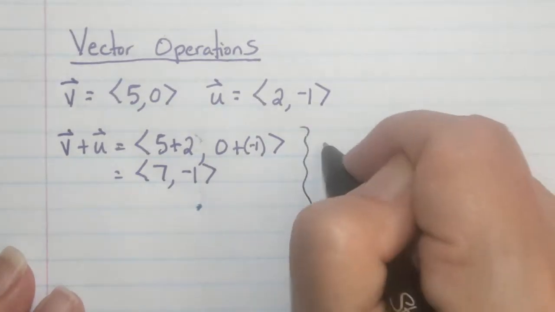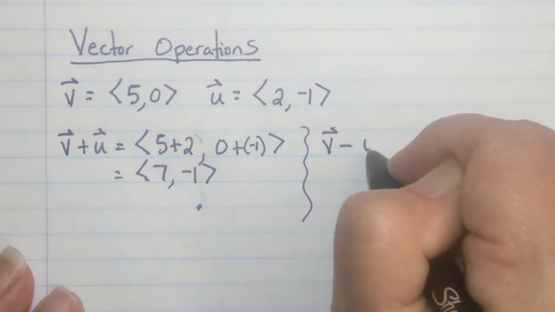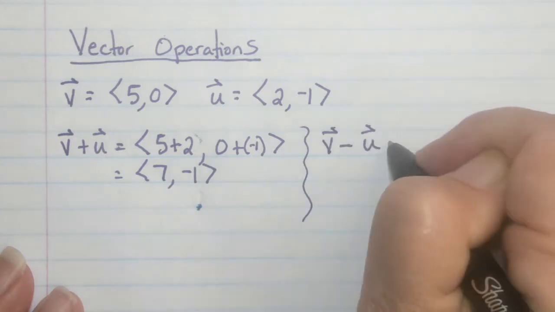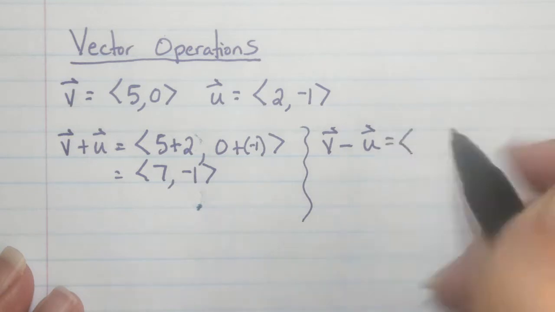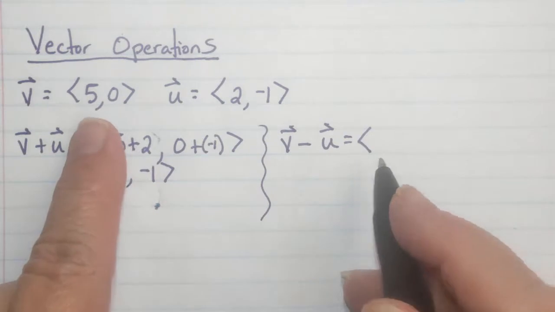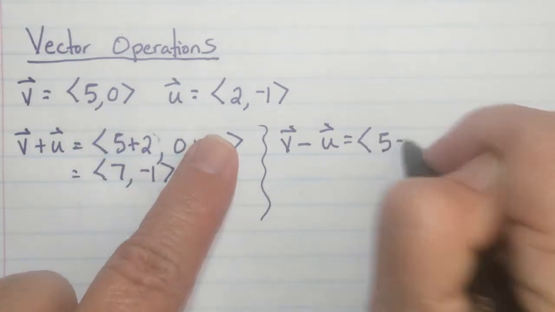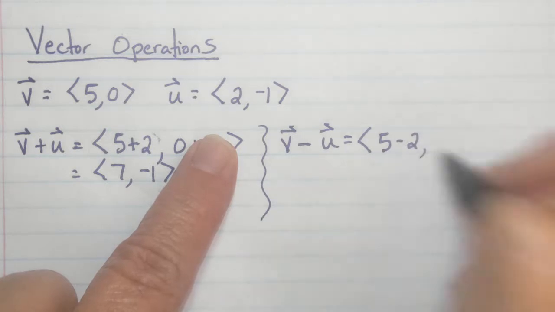Now let's say I wanted to take vector v and subtract vector u. Well, the process is the same. I take my horizontal component, 5, and subtract my horizontal component of 2.